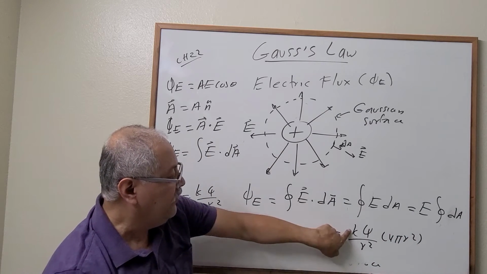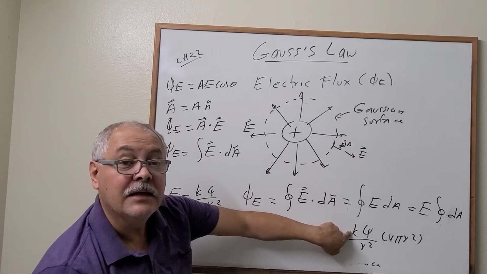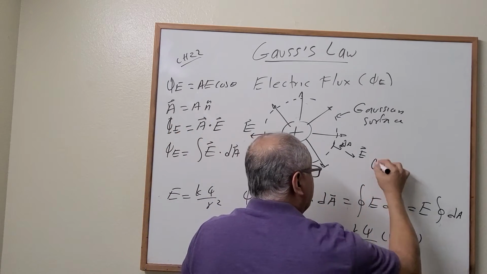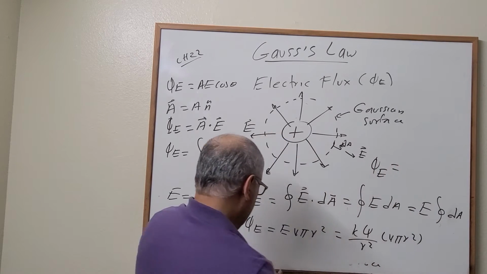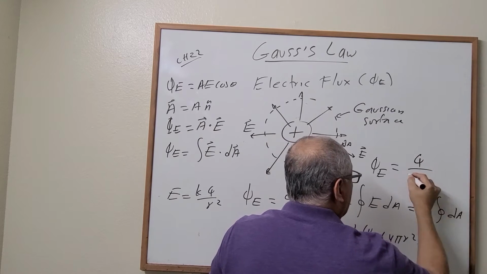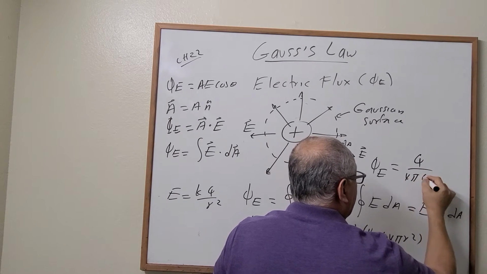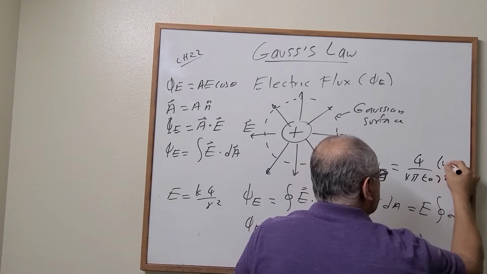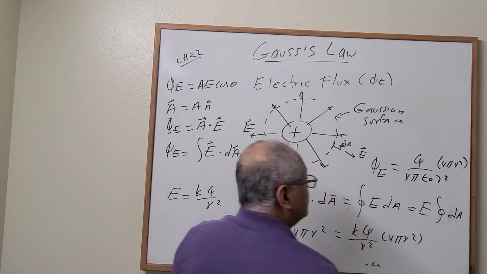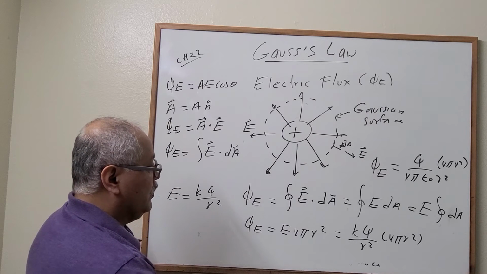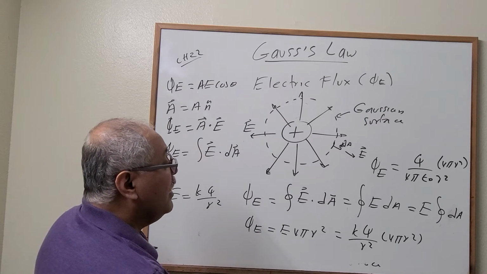But what is the value for k? Remember, k is 1 over 4 pi epsilon naught. So the electric flux is equal to 1 over 4 pi epsilon naught, times q over r squared, times 4 pi r squared. What should then be the electric flux?